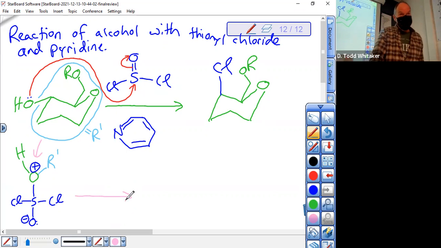The 2 steps that follow are interchangeable. You can do the acid-base version first, which is the pyridine reacting with the H on the oxonium, or you can do the elimination first. If you do the elimination first, do the acid-base second. If you do the acid-base first, do the elimination second. I'm good either way.